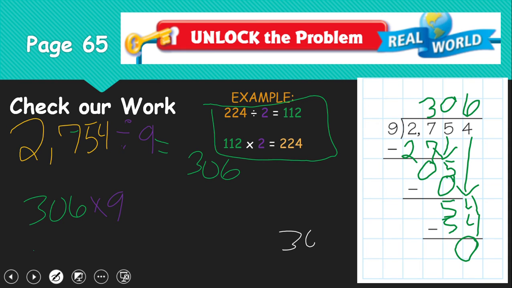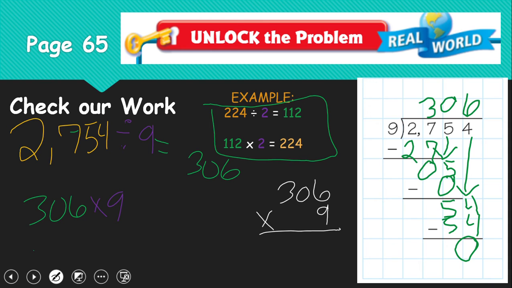Not a good spot to place that. Erase. We have 306 times 9. So we're going to do multiplying using standard algorithm. Or you can do the box method. We have 9 times 6, which gives me 54.